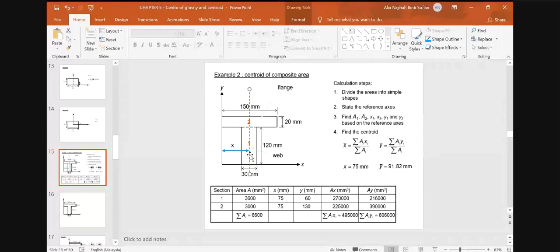Okay, now y bar, we go for section 1 first.